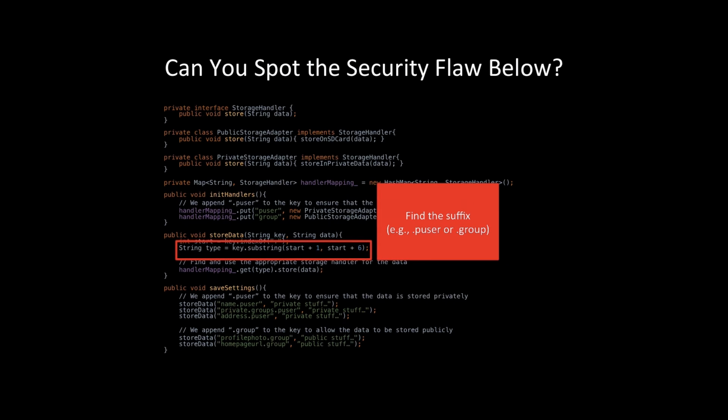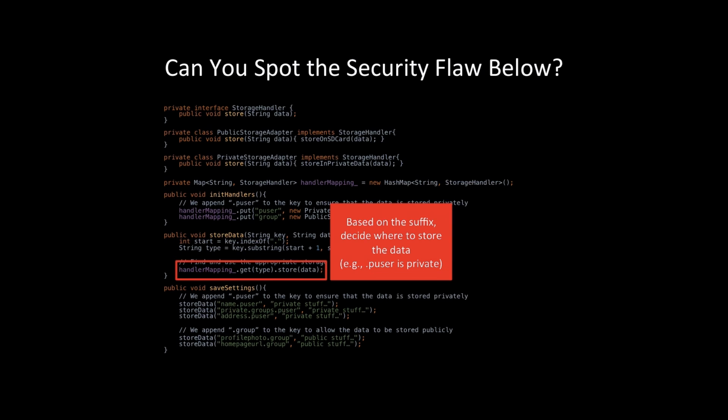Now, let's dive a little bit deeper into one aspect of this application, and that's this extraction of a type from the key. The first thing that we do in order to derive this type is extract a suffix from the key. So we're looking for the end dot something on the keys that are provided.